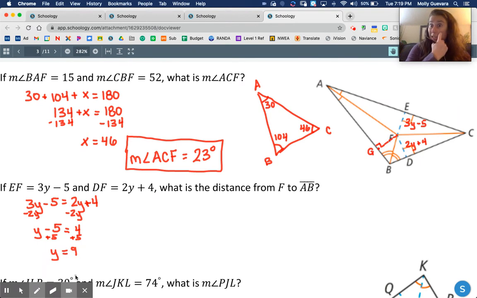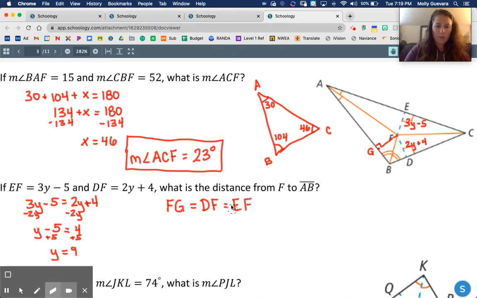Is that what it's asking me to find? No, right? It wants me to find the distance from F to G. Well, the distance from F to G is the same as the distance from D to F or from E to F, right? They're all the same.